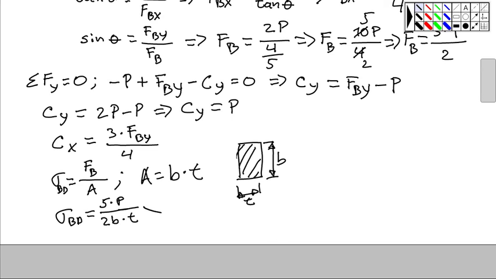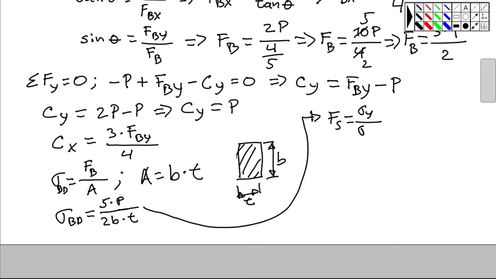Now we know that the safety factor is equal to the yield strength, that is sigma y, and is a material property, over the sigma applied, that in this case is sigma BD.